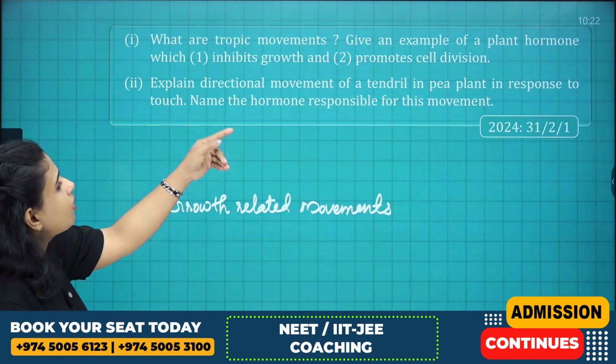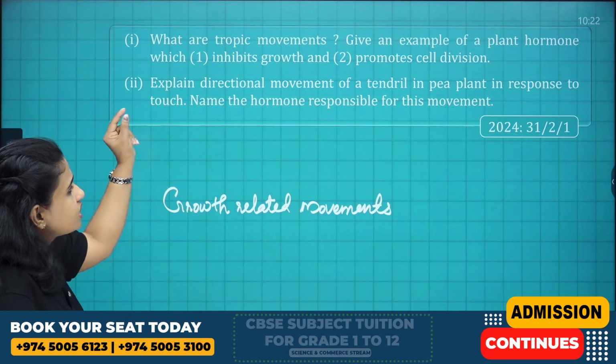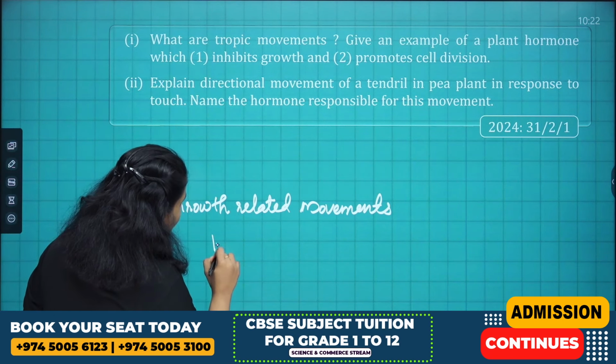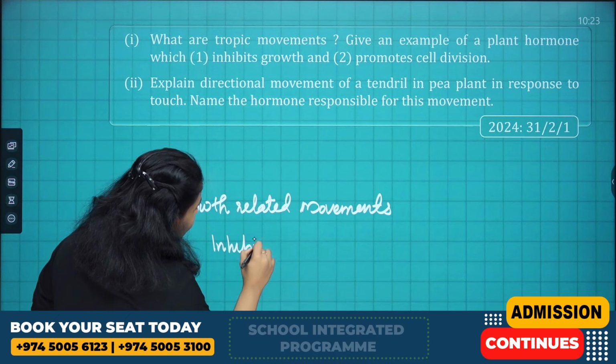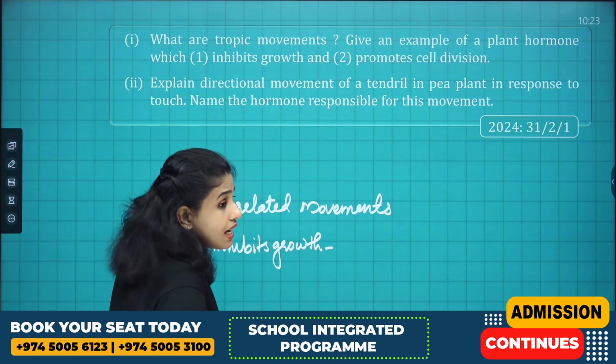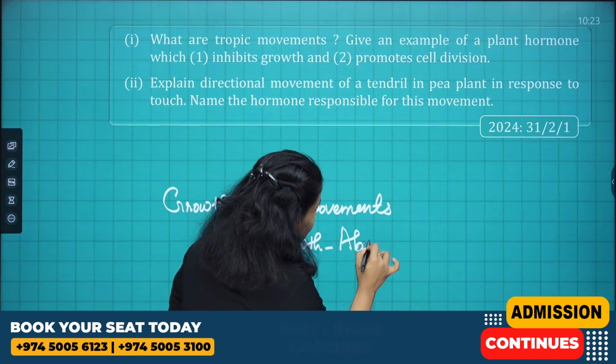Give an example of a plant hormone which inhibits growth. The plant hormone which inhibits growth is abscisic acid.